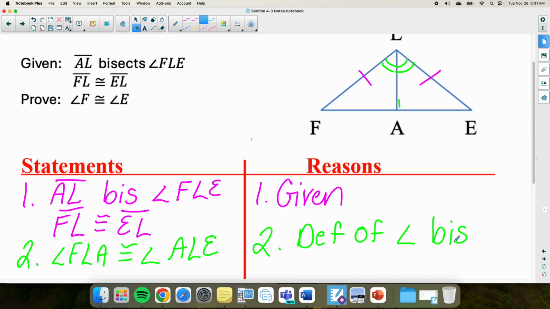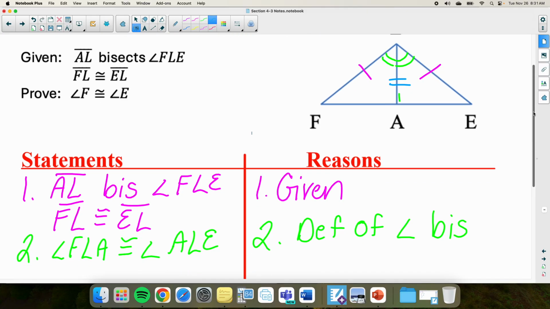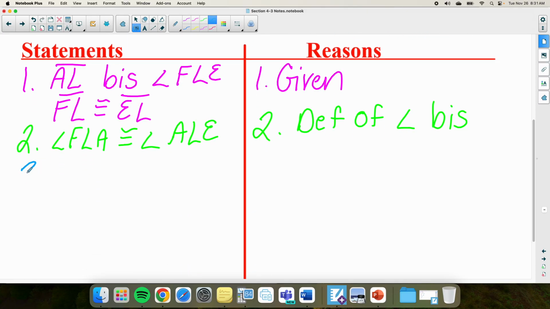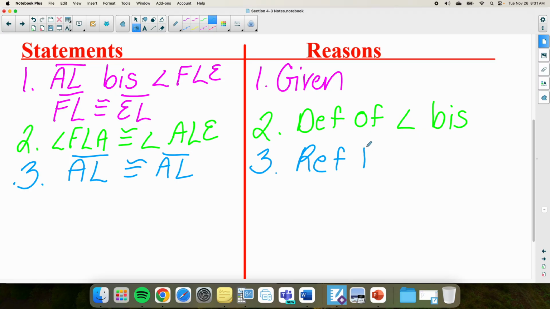Okay, now do you guys see something else that's congruent? AL. Yes, this is reflexive, so we can say AL is congruent to AL. And I was talking yesterday about if you have two steps, like step 2 and 3 here, which one you do first does not matter. So 2 and 3 could be in the opposite order too.